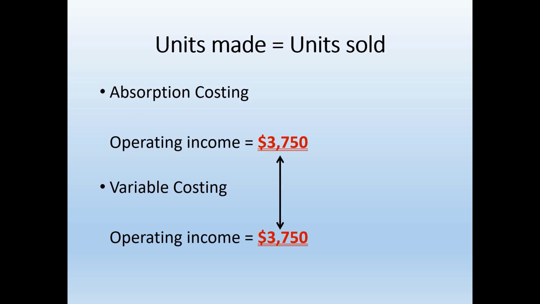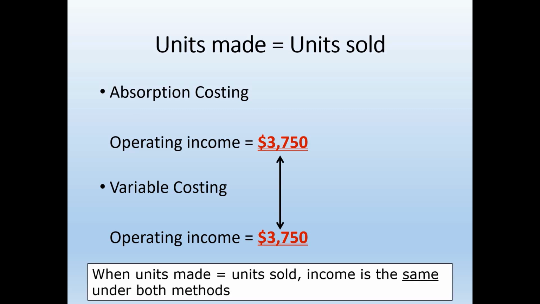When we compare these amounts, it's very clear that when the number of units made equals the number of units sold, income is the same under both methods. In the next two sections, we'll take a look at situations in which the number of units made differs from the number of units sold.